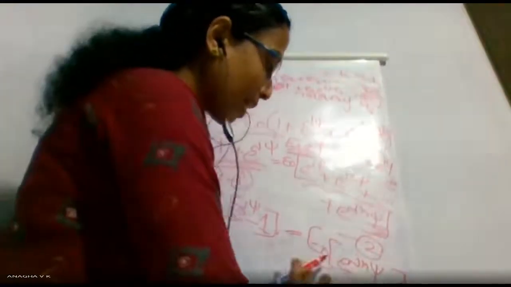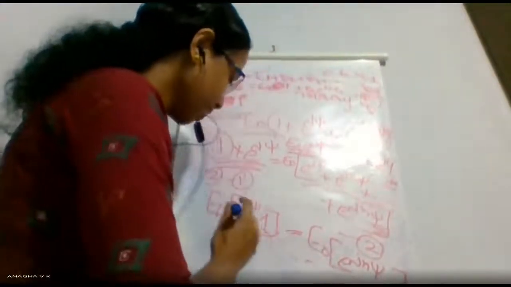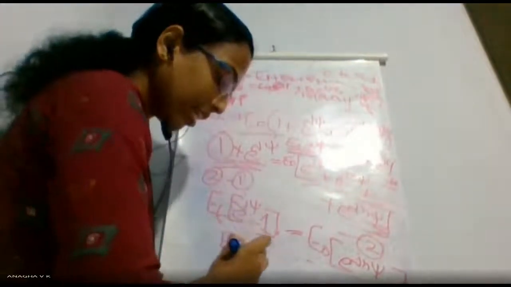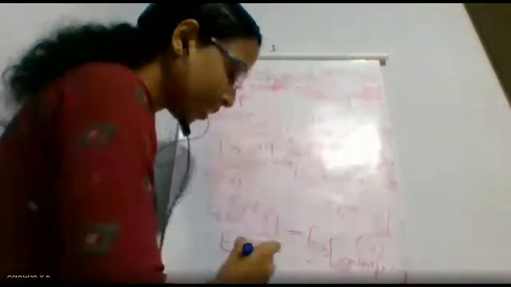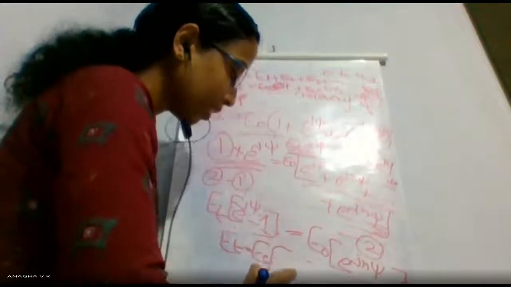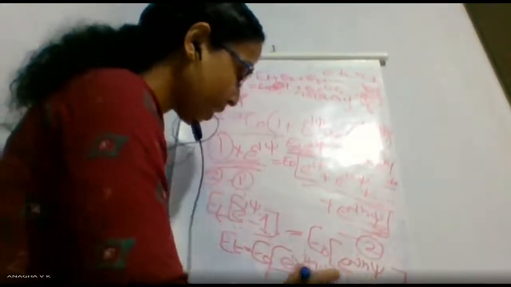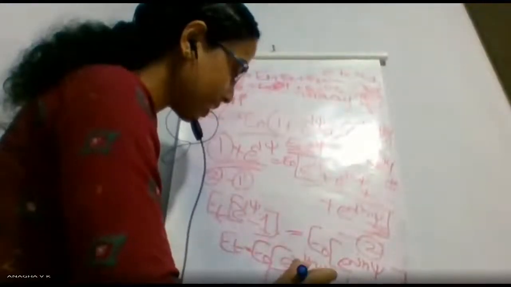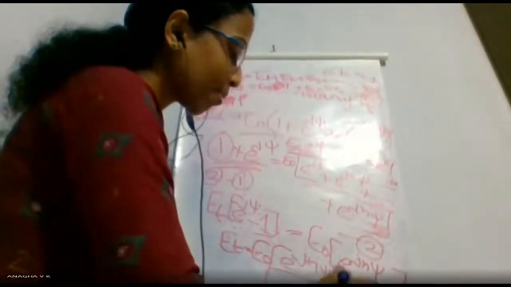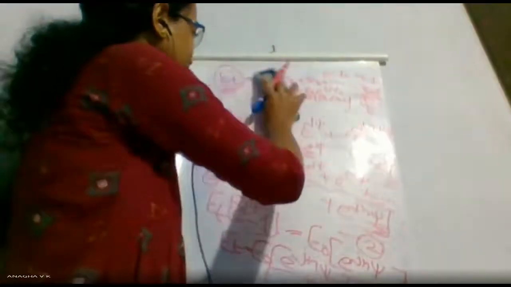So Et is equal to E naught into (e raised to j n psi minus 1) by (e raised to j psi minus 1).